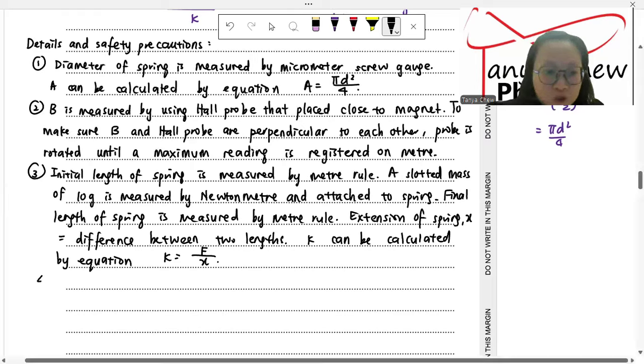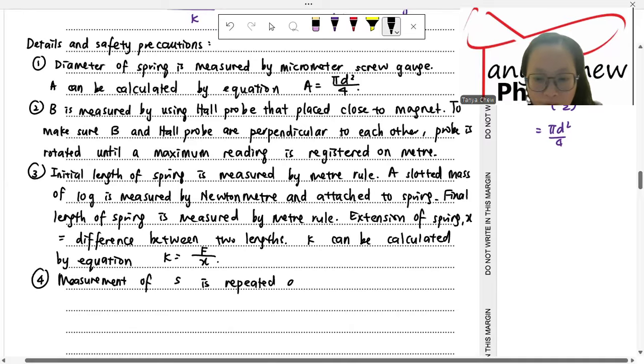And that is how I measure. And number 4, I said the measurement of extension, which is X, is repeated along the card and averaged.